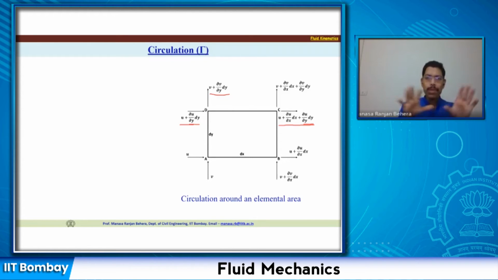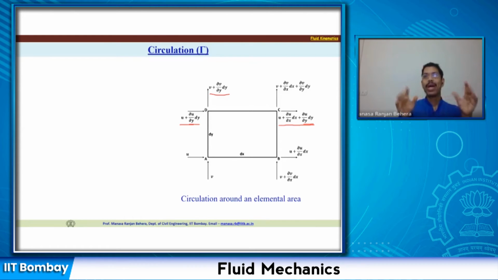Okay. So once we have understood what the velocities are, we also know what the direction is. The u velocity is in the positive x direction, the v velocity is in the positive y direction for all these points. Now let us move to the calculation of circulation. When we are calculating the circulation, let us take one segment at a time.